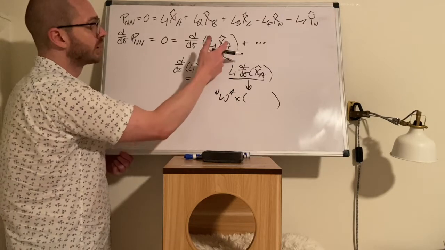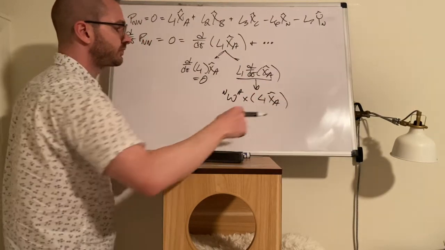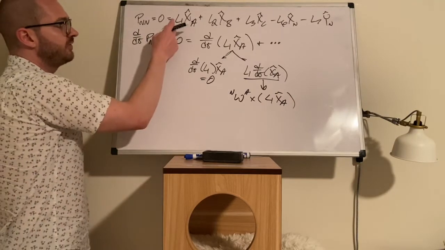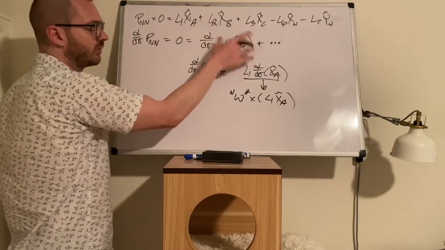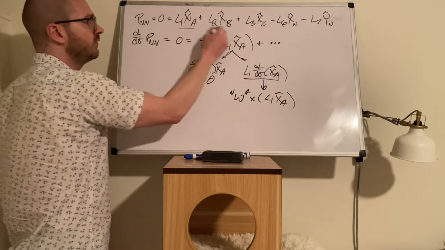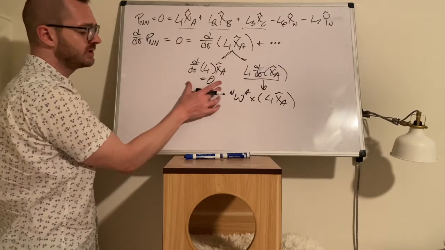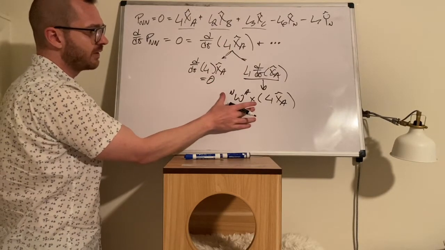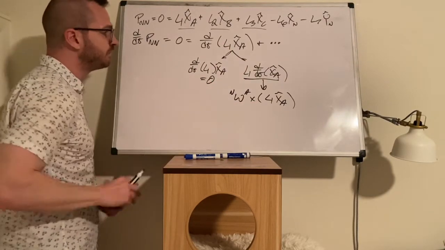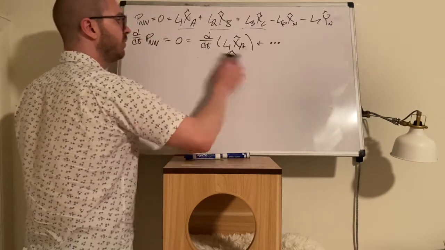Well, we're going to use L1 x at A. So in this original vector loop, we're going to repeat this process 3 times. We can see 1, 2, 3. So each of those 3, we could do the product rule expansion. One term is going to be 0. And then we're going to have a transport theorem come out of it. So let's just jump right to the transport theorem.